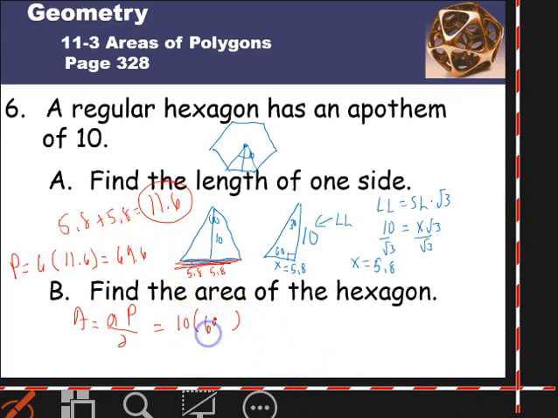And so that goes here, and then divided by 2. So 10 times 69.6 divided by 2, and I get 348. Okay, so it's 348.